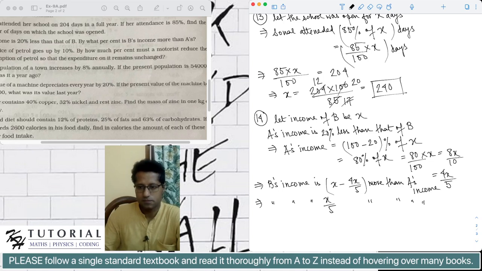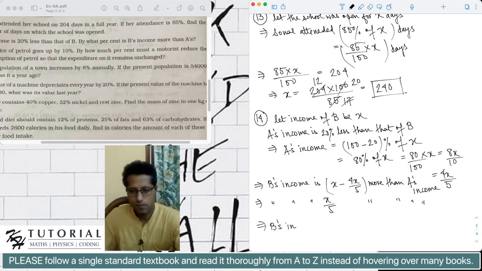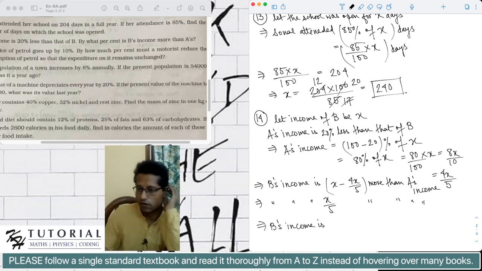So this implies we have to find by what percent is X by 5 of A's income, that is 4X by 5.